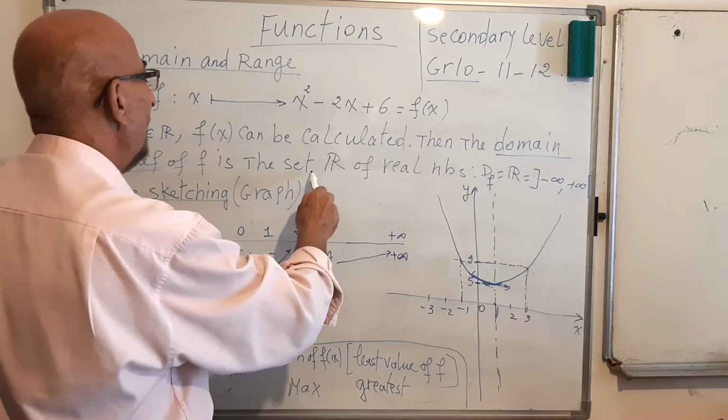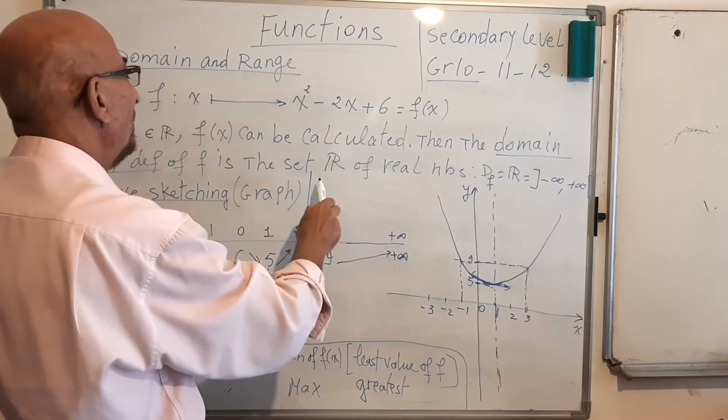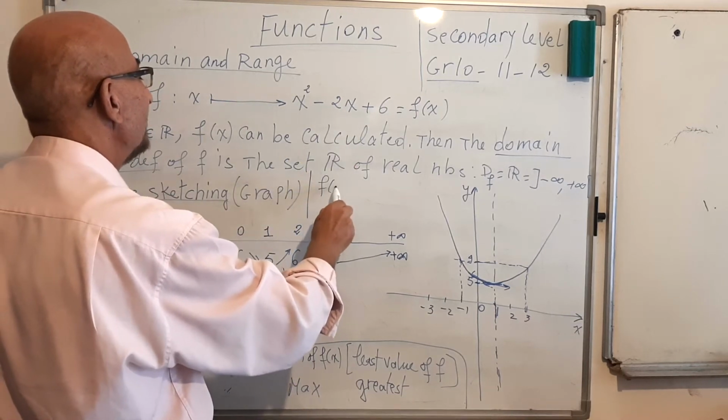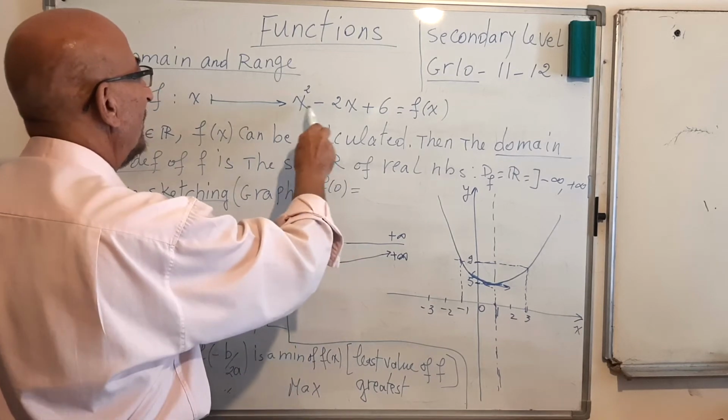For example, for x equals 0, we write f of 0 equals 6.